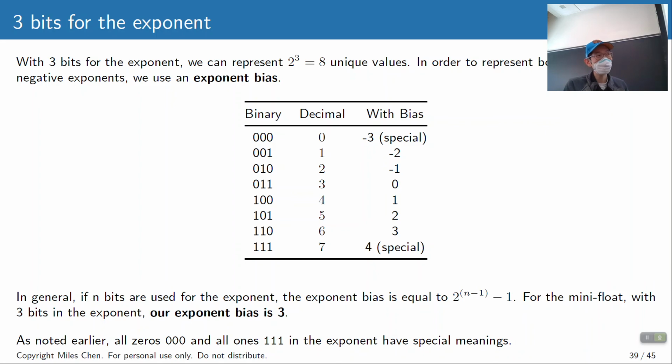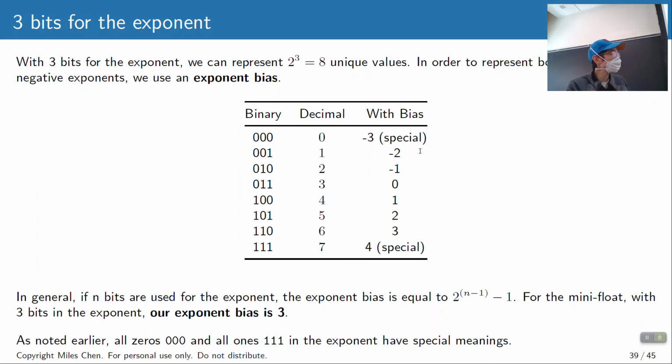Technically we need to have 1 for 0, so we're going to have a bias of 3. So 6 becomes 3, 5 becomes 2, 4 becomes 1, 3 becomes 0, 2 becomes negative 1, and 1 becomes negative 2. So we're able to represent basically just 1 more positive value than negative value. This is an arbitrary choice, but they said, let's go with 1 more on the positive side than the negative side.